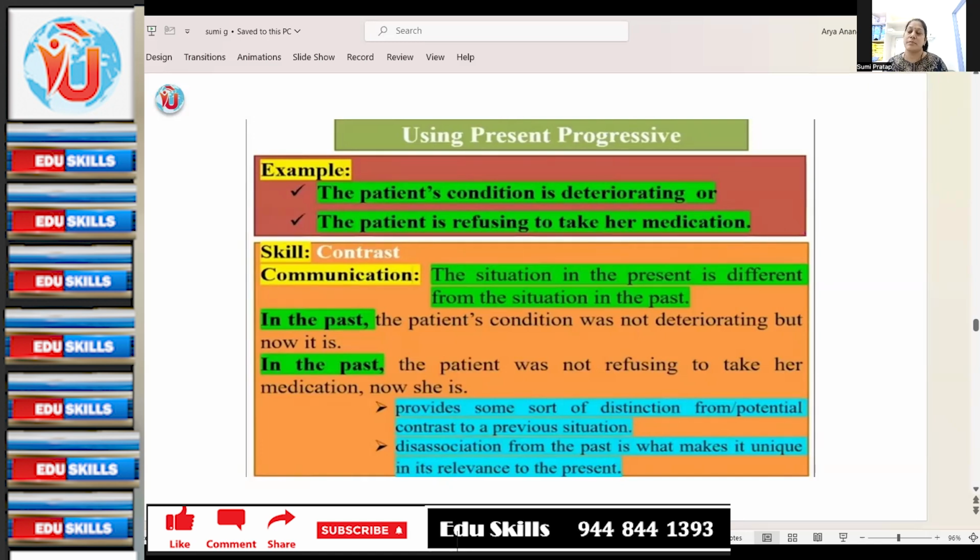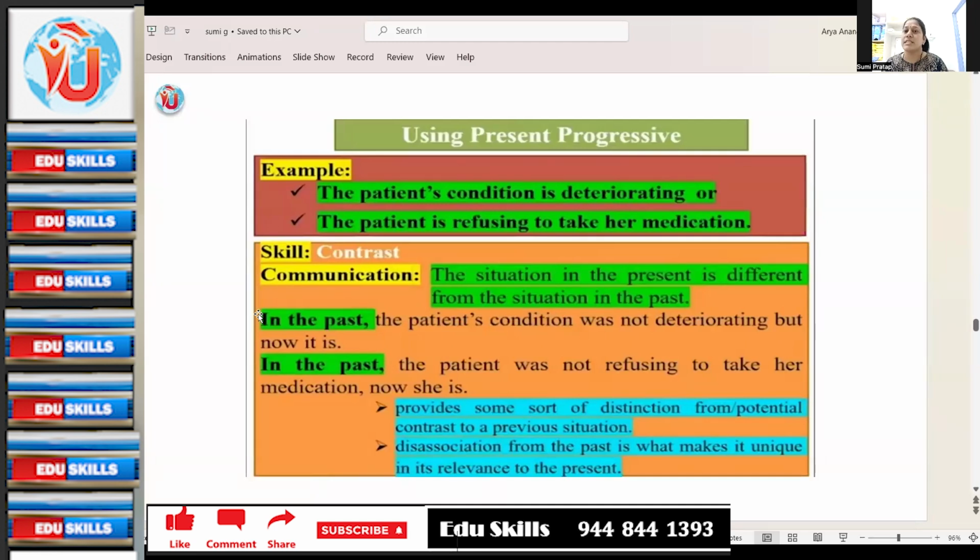Maybe he was admitted in a normal way with the anxiety, with the stress. Maybe now he is deteriorating. So when it's coming, the situation is progressing. When some problem is progressing, that time we have to use the present progressive. Okay, that is the one written here. Skill is contrast communication: the situation in the present is different from the situation in the past.